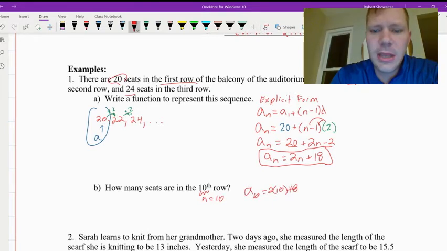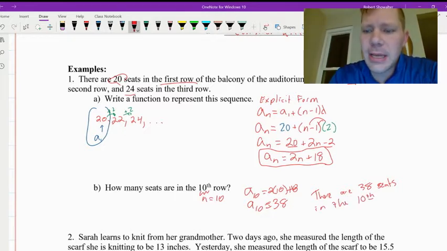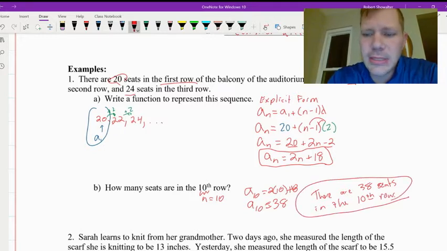We put 10 in there and evaluate it. 20 plus 18 would be 38. So the 10th term is 38. I'm going to say there are 38 seats in the 10th row. I'm going to put it back in context because it's a word problem. We have to explain it in its context.